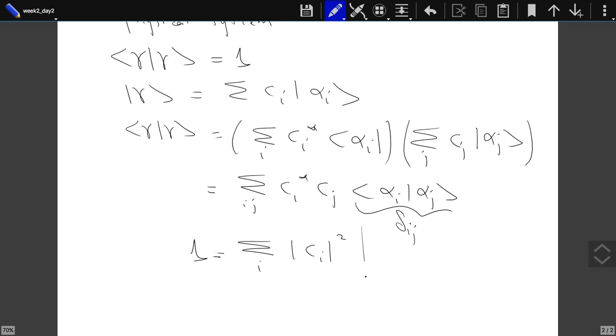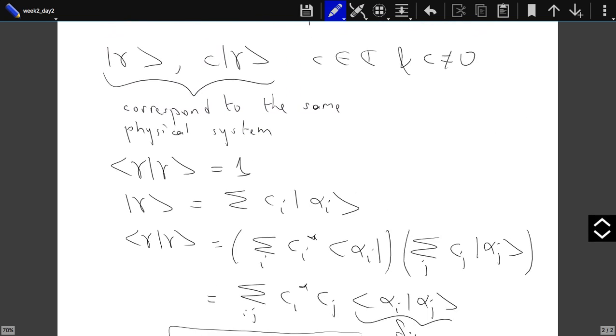So this is one condition that our coefficients should satisfy. If you are familiar with probability theory, the sum of the probabilities of all possible outcomes should be 1. This just looks like it.